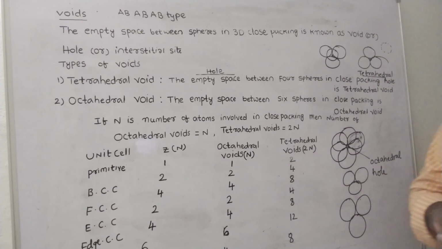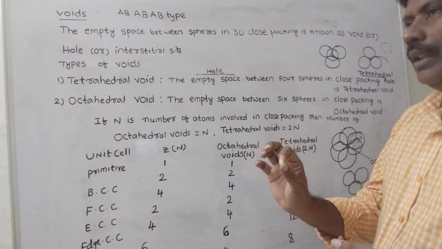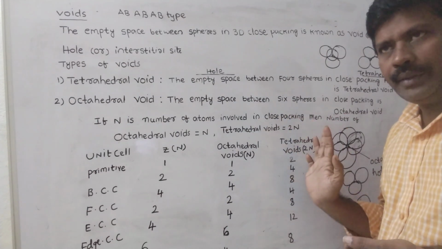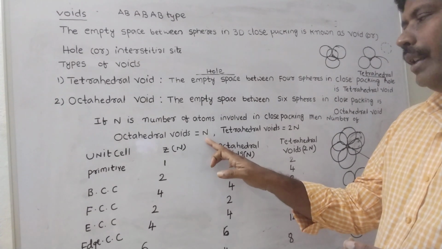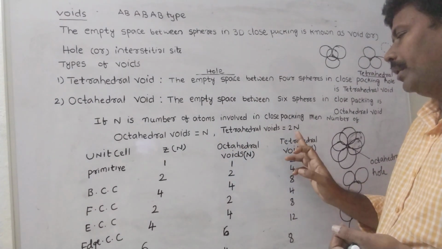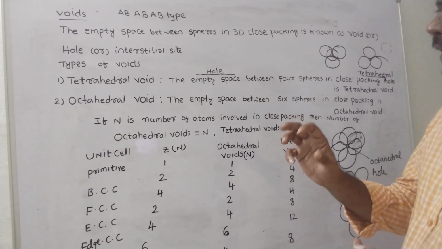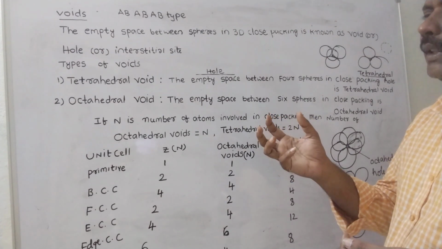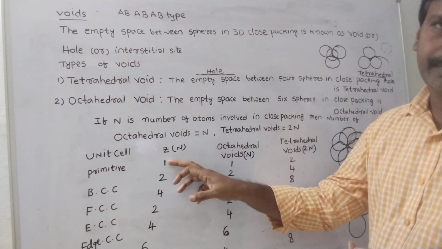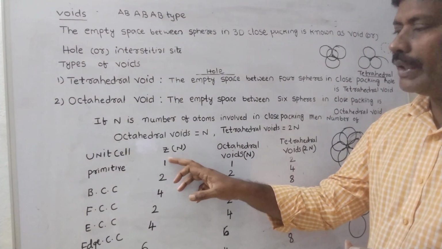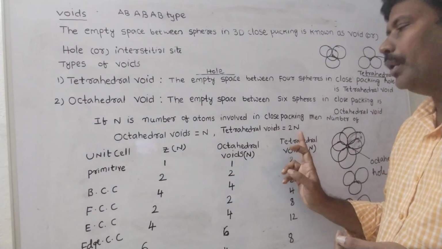Suppose n number of atoms are involved in a close packing, then the number of octahedral voids is equal to n and the number of tetrahedral voids is equal to 2n. The number of atoms involved in close packing is represented as n. Sometimes this is also represented as Z. If Z is taken, then the formula changes to octahedral voids equal to Z and tetrahedral voids equal to 2Z.